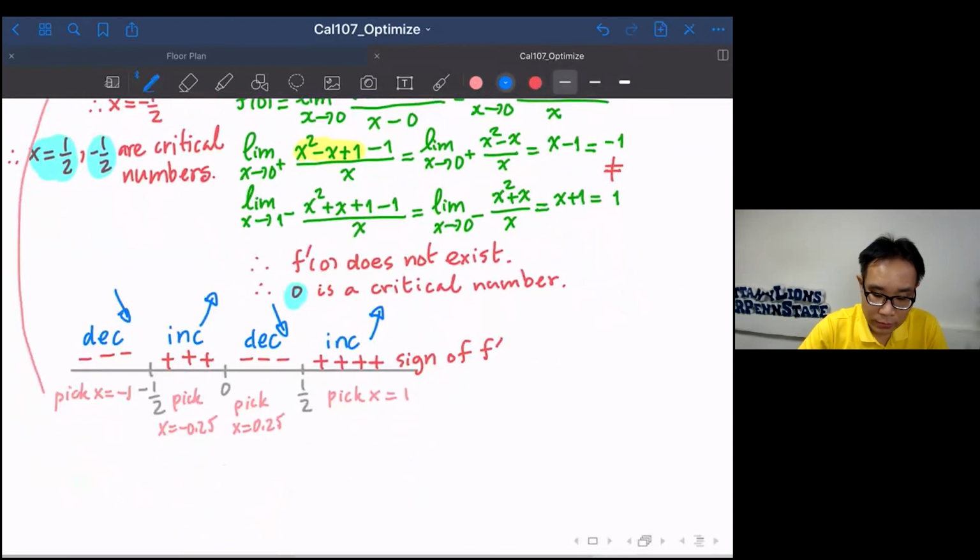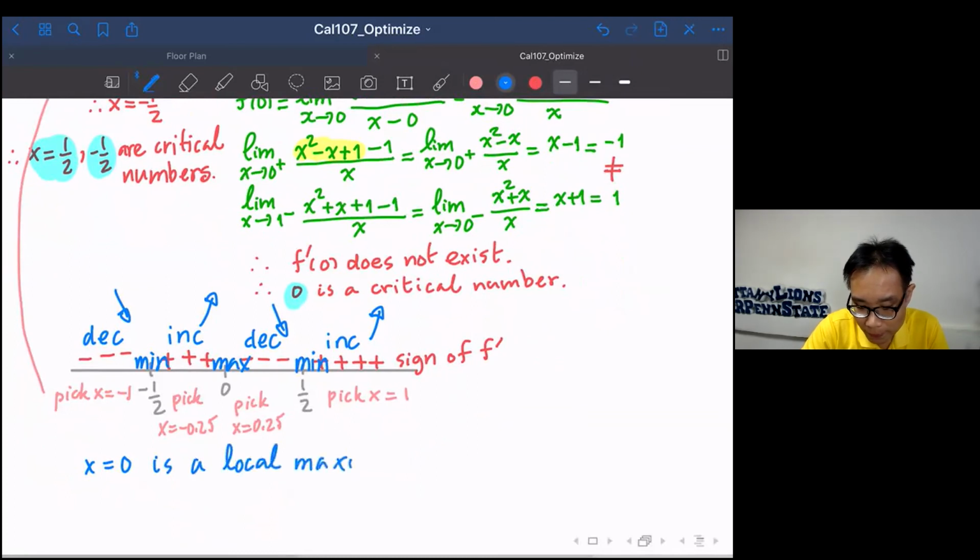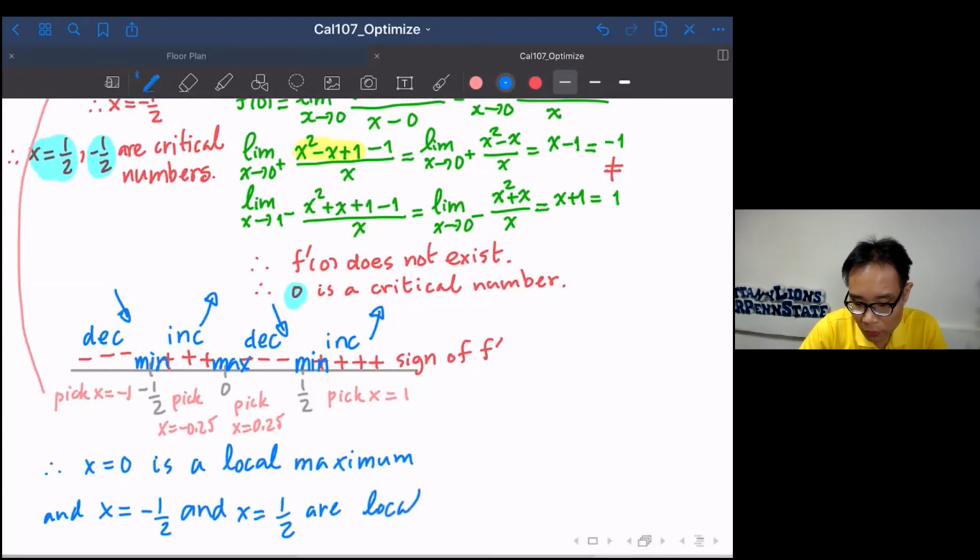So you have minimum, maximum, and minimum. x equal to 0 is a local maximum, and x equal to negative 1/2 and x equal to 1/2 are local minimums of the function f.